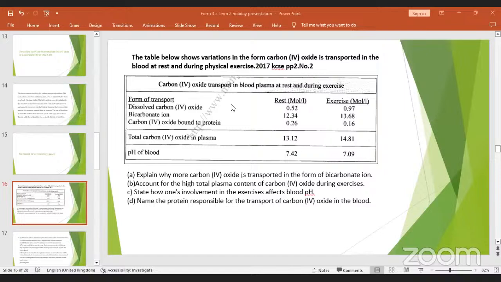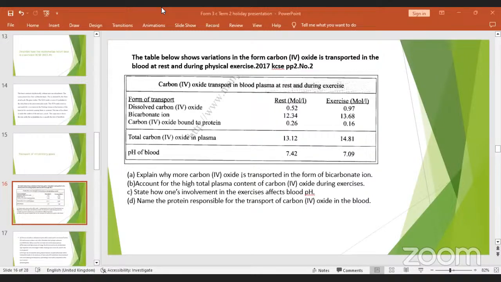During exercise, it is 0.97. The bicarbonate ion, now nowadays we don't use the term bicarbonate, we use hydrogen carbonate ions, is 12.34 at rest. After exercise 13.68. There's a rise. Carbon dioxide bound to the protein at rest is 0.26, at exercise 0.16.